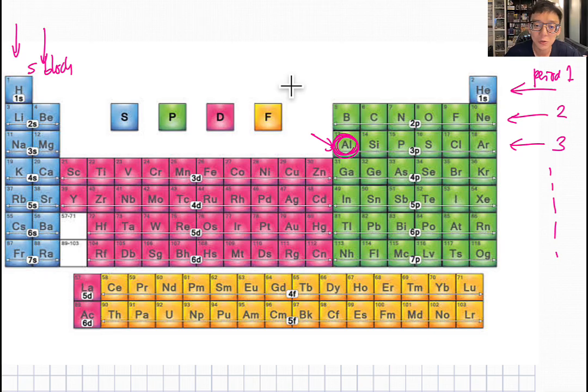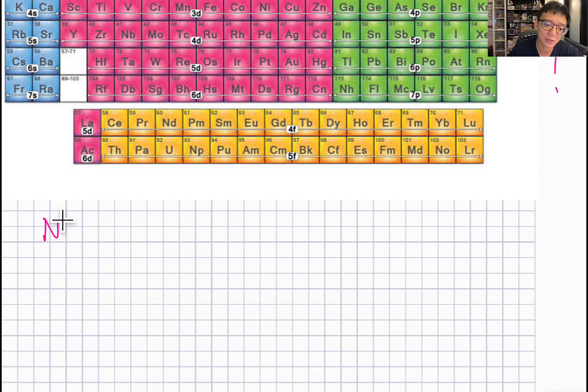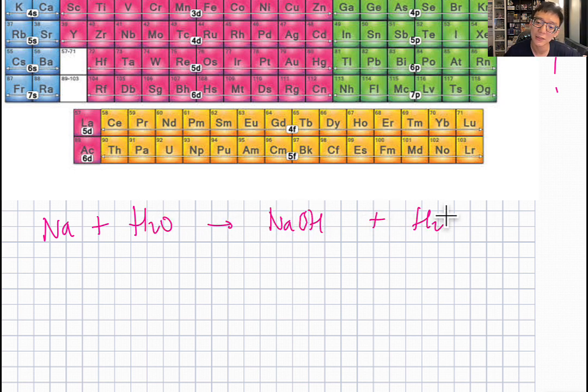Okay, so the groups have names. The ones that you need to pay attention to are, for example, group 1. They are the alkali metals. Why is it called alkali metal? Because if the metal is reacted with water, for example, then it will form hydrogen and a very strong alkali, or strong base.